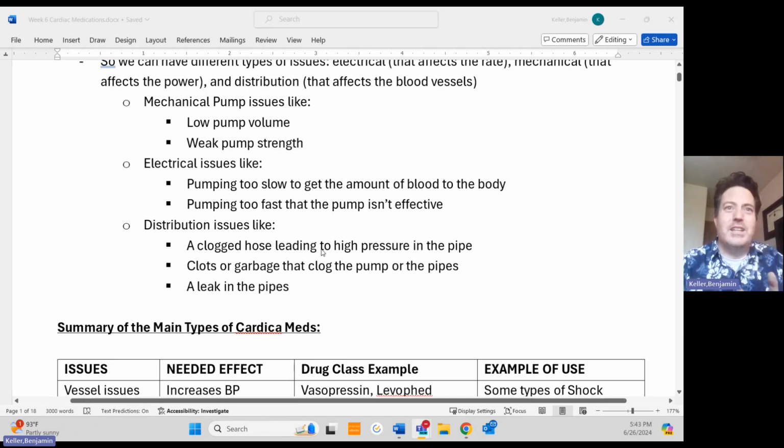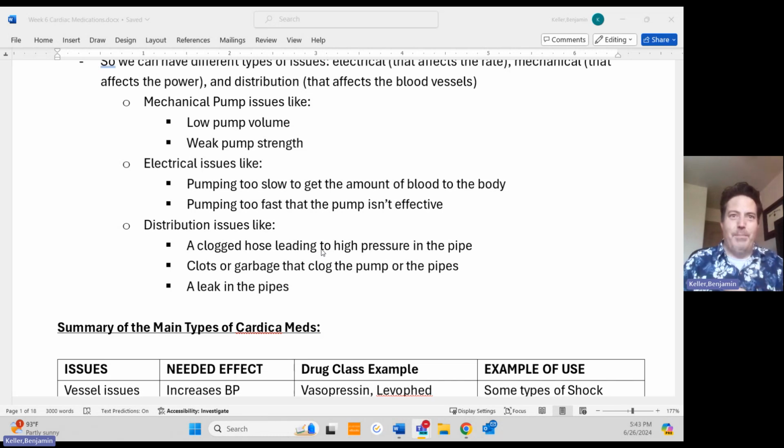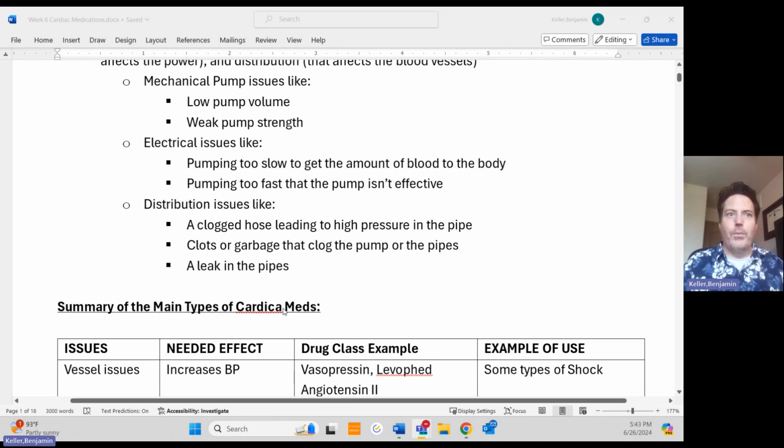You can have distribution issues like a clogged hose leading to high pressure in the pipe. And it could be like high blood pressure or a clot. Or you can have clots or garbage that clog the pump or the pipes. Or you can have a leak in the pipe, like if you cut yourself and you're bleeding out and now you're hypovolemic. Now, that's not going to work so well.